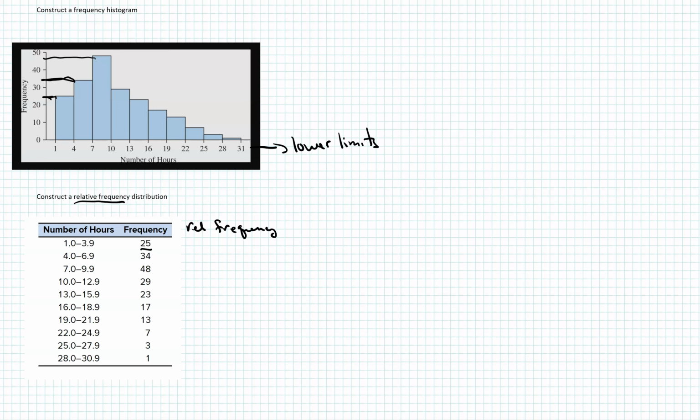The total number, you want to add this up. So 25 plus 34 plus 48 plus 29, 23, 17, 13, 7, 3, and 1.